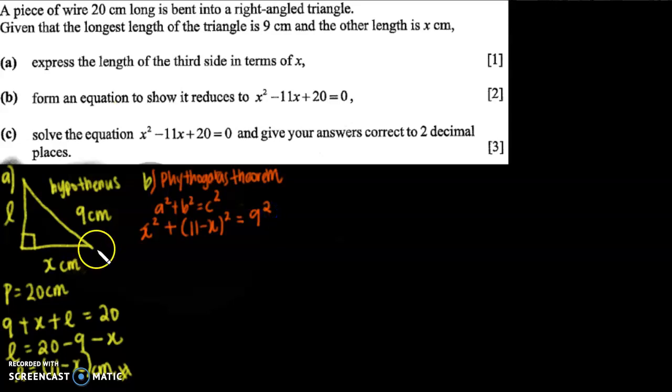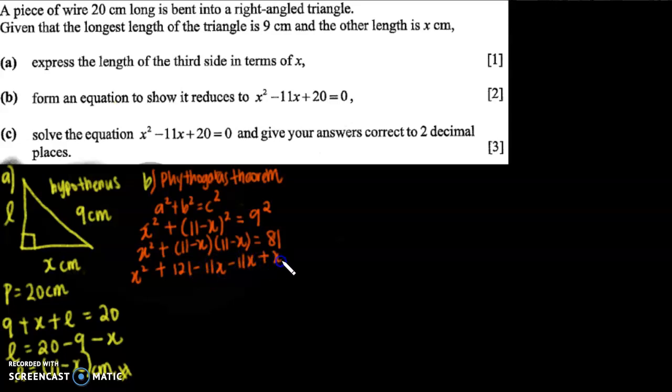So all we have to do is simplify and open up the brackets. 9 squared is 81. So x squared plus 11 times 11, that's 121, minus 11x minus 11x plus x squared.